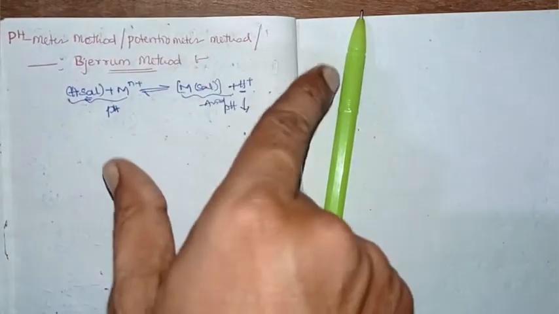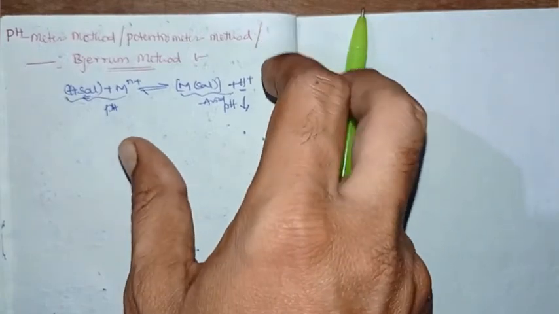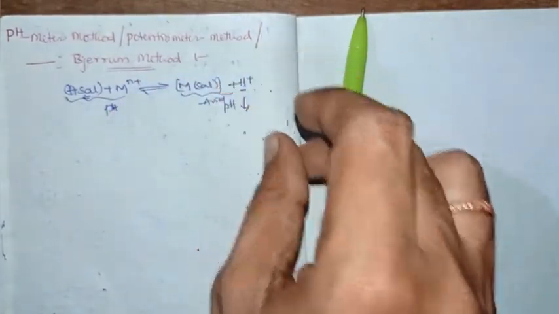When the proton is liberated, the solution medium will become acidic, and its pH value will decrease, right?